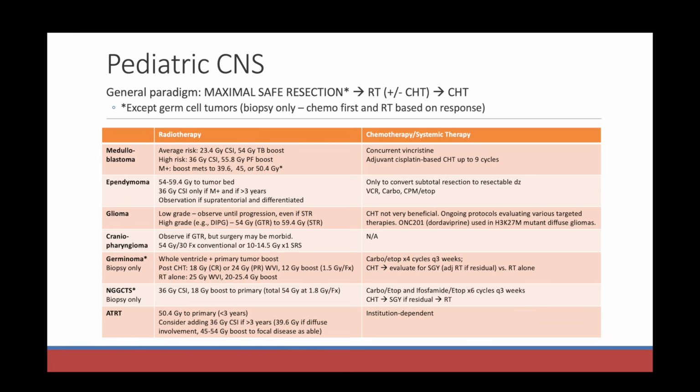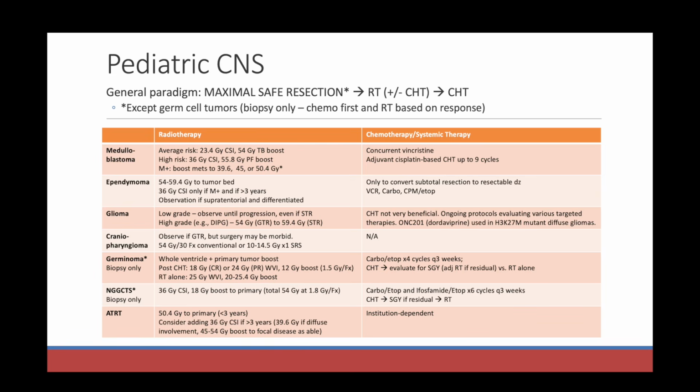So it's 54 gray boost for average and 55.8 gray boost for high risk. What's more different than the dosing is the volume. So for average risk, the boost volume is actually just the involved field. For high risk, we boost the entire posterior fossa. Okay, so for average, you're only boosting the tumor bed or the involved field. For high risk, you're boosting the entire posterior fossa.